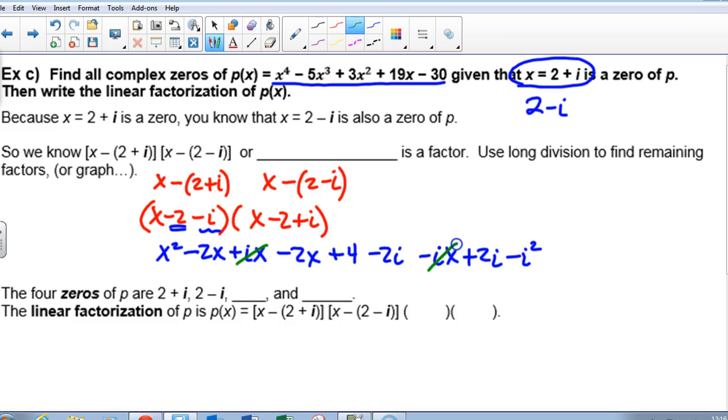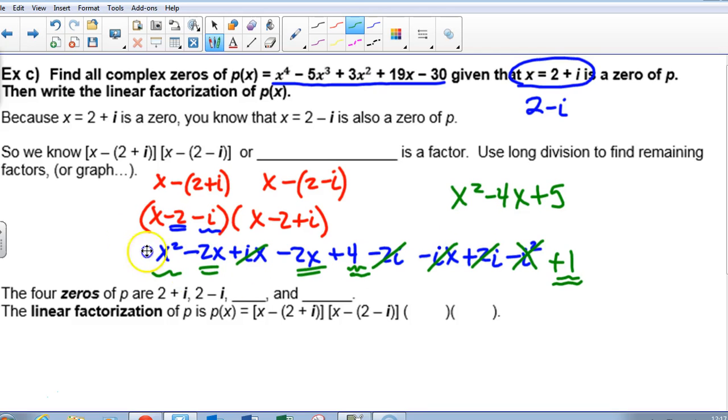Thankfully, ix and 2i go away. And a minus i squared is really what? Plus 1. Minus a -1, which is plus 1, yes? All right, so what does this simplify down to? We have an x squared minus 4x plus 5.